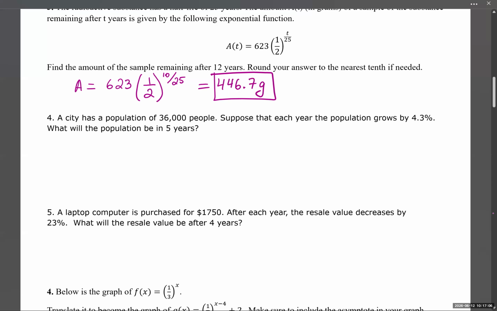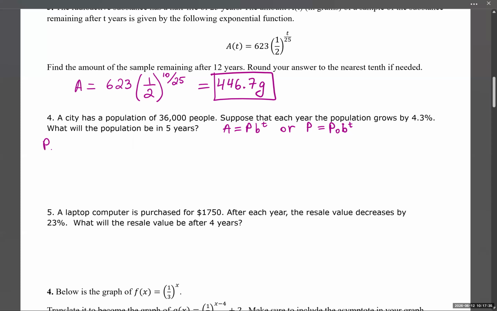Number 4, a city has a population of 36,000 people. Suppose that each year the population grows by 4.3%. What will the population be after 5 years? Okay, on this one, we're using this formula: P equals P naught times b to the t.